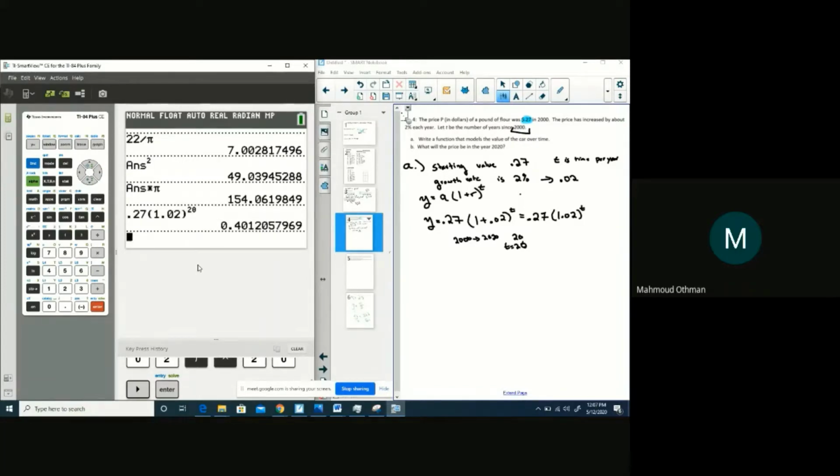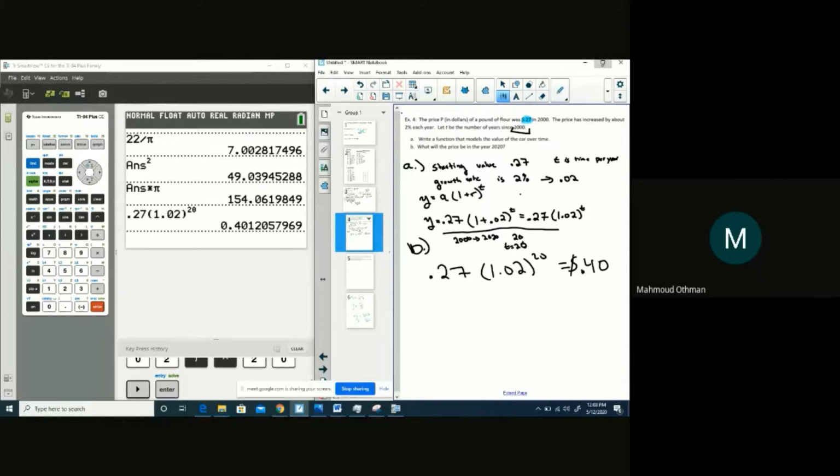And the price of flour will rise to, using my function, 0.27 times 1.02 to the 20th power equals 40 cents per pound of flour in the year 2020. And I don't think flour is 40 cents per pound. I'll look that up later.